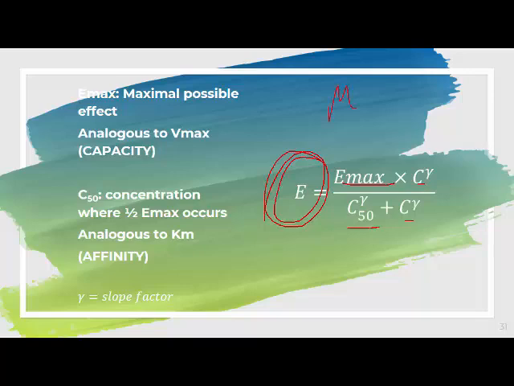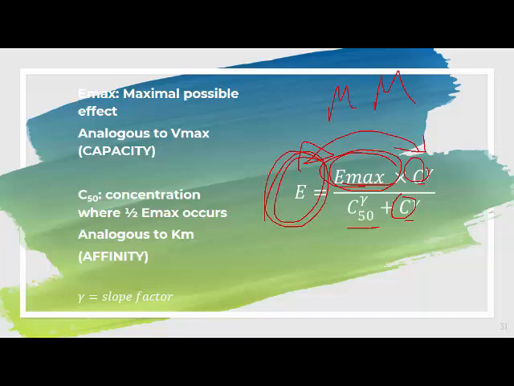Again, it's Michaelis-Menten, isn't it? Because we have a fixed number of receptors, our Emax is our maximum effect. If you want to think of a receptor situation, it's the number of receptors available for an effect to occur. Concentration is the concentration of our drug, so it's all about this relationship between concentration and effect.